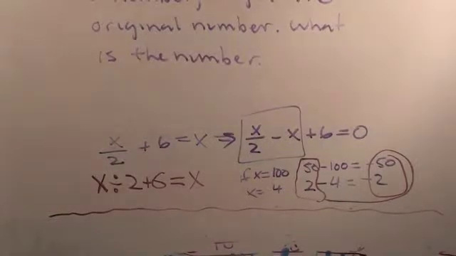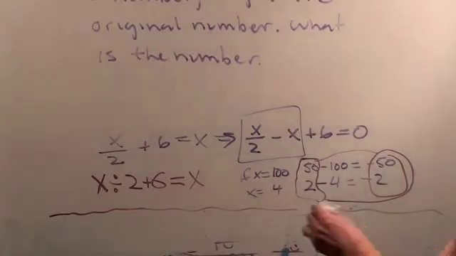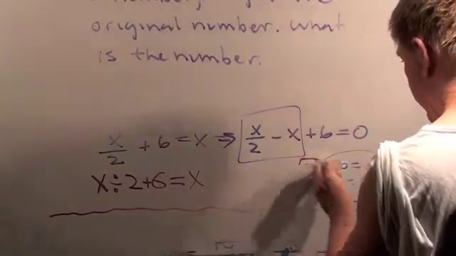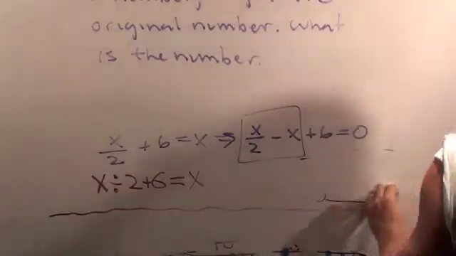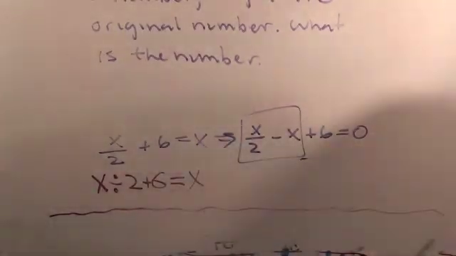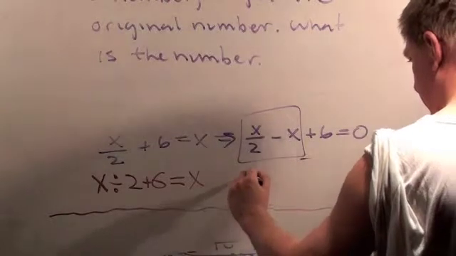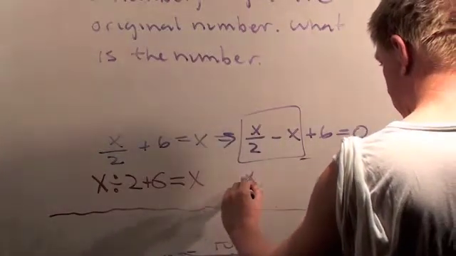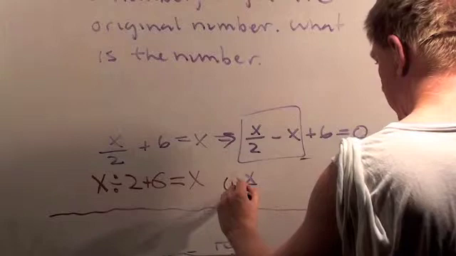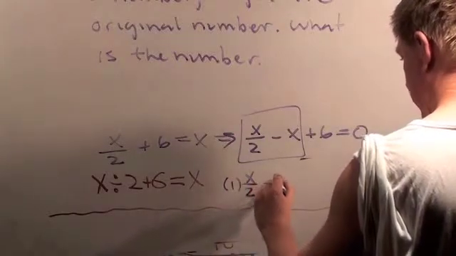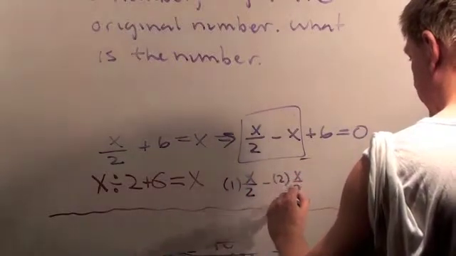So, how many halves are in a whole? 2. Okay, so we have x over 2, we have 1/2. 1 times x over 2 minus 2 times x over 2.